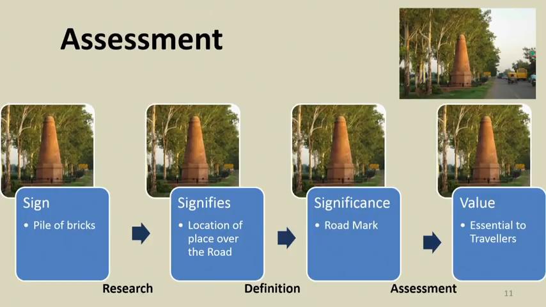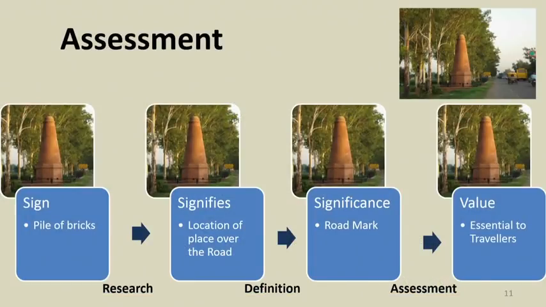That should come from research, on how these independent structures or a series of them are important, and that establishes the definition, because the course minar signifies a location, but the significance is that it is a road mark. And what is the value?